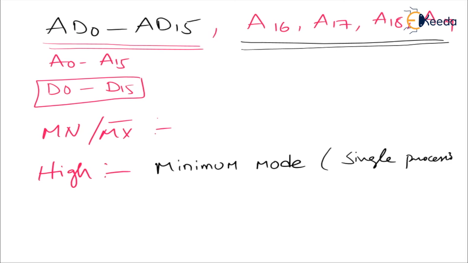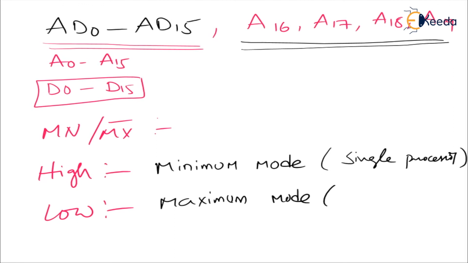Now when it is low, the processor is operated on maximum mode. What is meant by maximum mode? Multiprocessor. That means we are using two or more processors. Right?